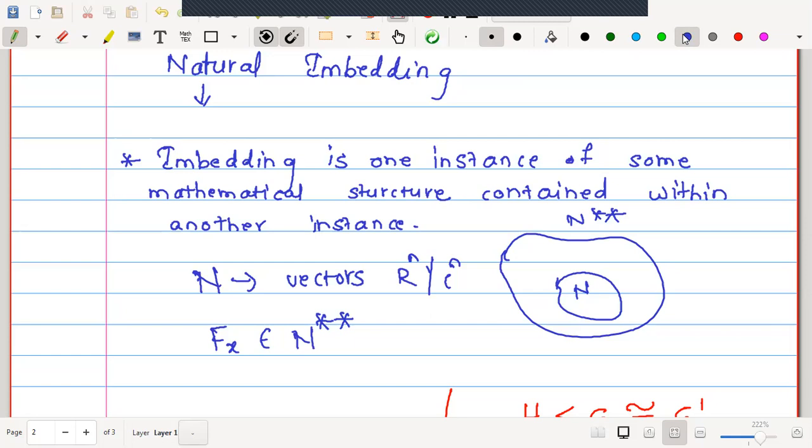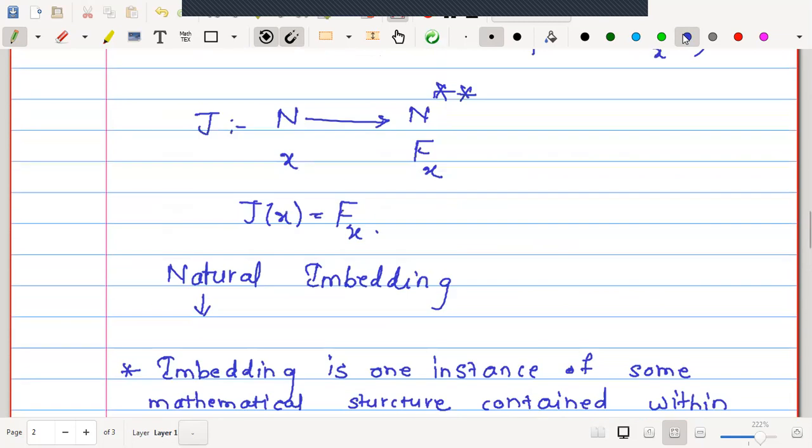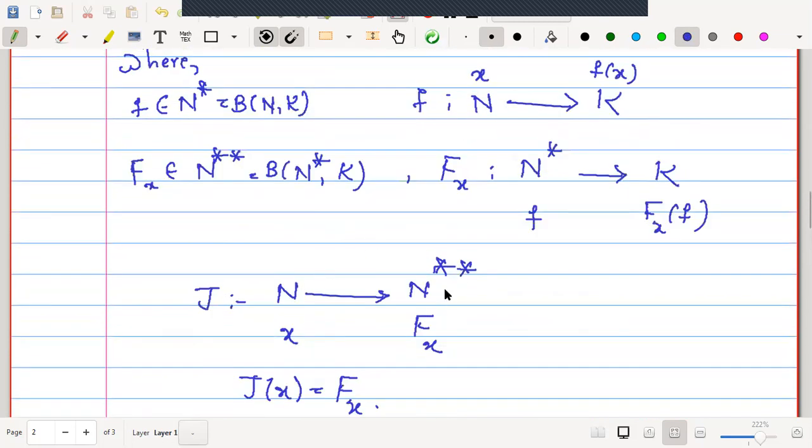Whatever mapping J we have written from N to N double star, x to f of x, this is actually an isometric isomorphism.